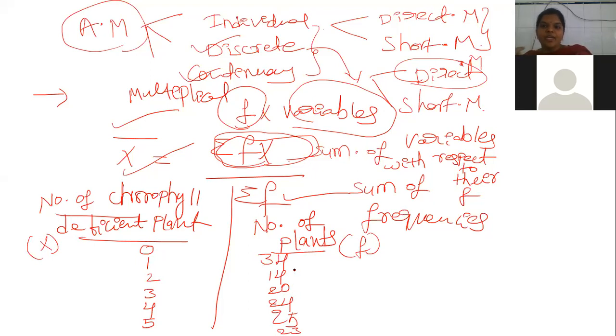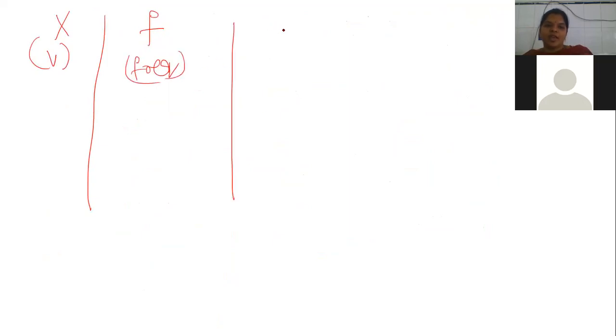Here we need 3 columns. First one is X, the variable, the second one is F, the frequencies, and the third one is Fx. Under X, write down the values.